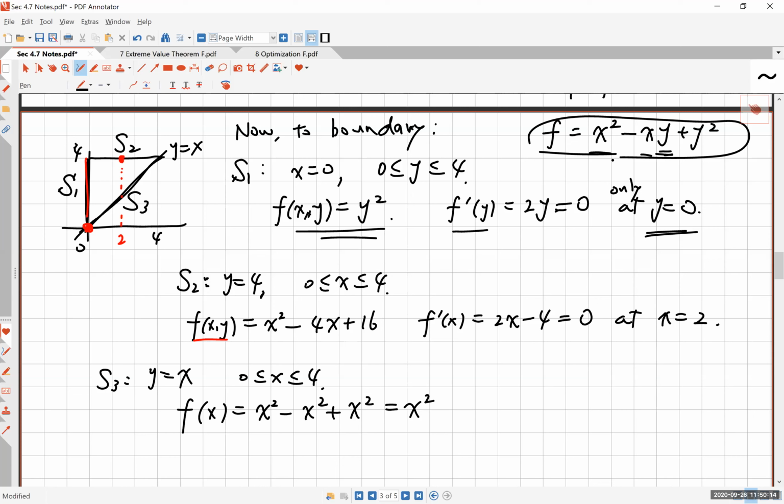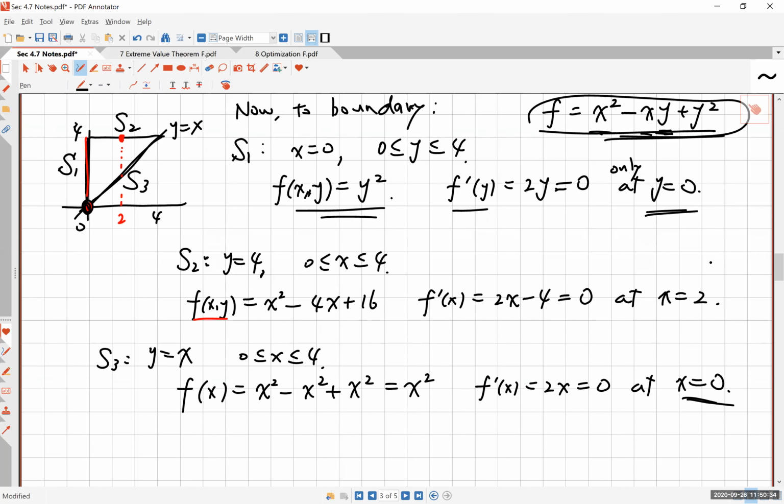So if you replace y with x, it just becomes x squared minus x squared plus x squared, which is x squared. Now the derivative of this is 2x, and that only has a critical point at 0. So again this origin is the only interesting point.